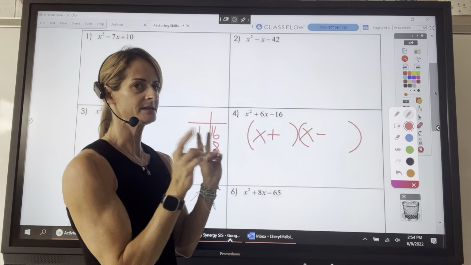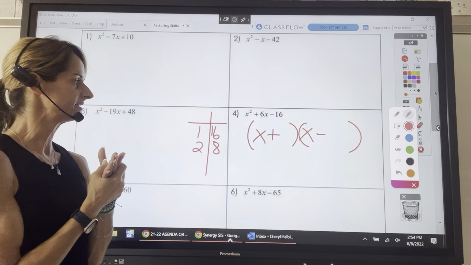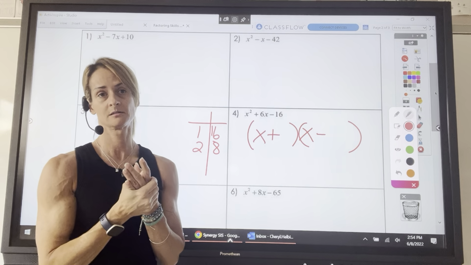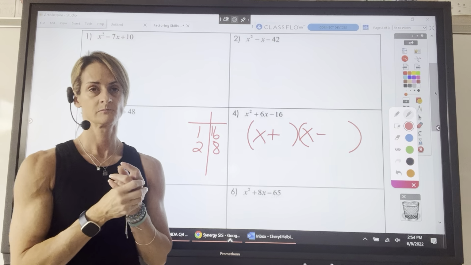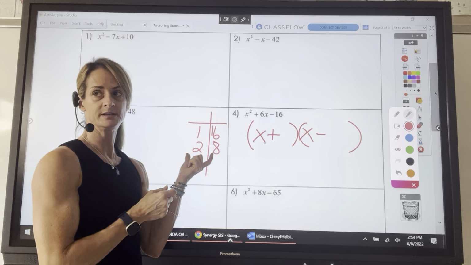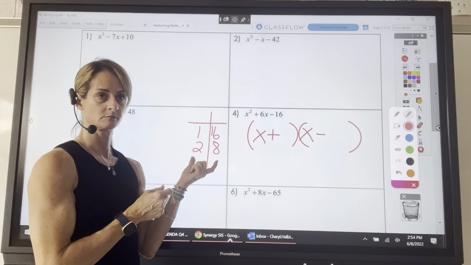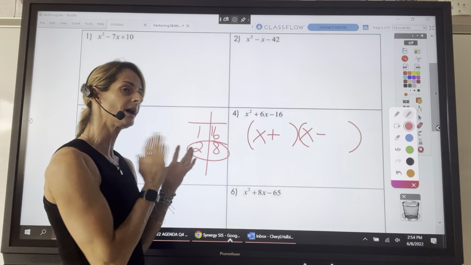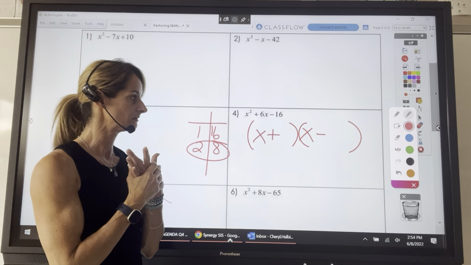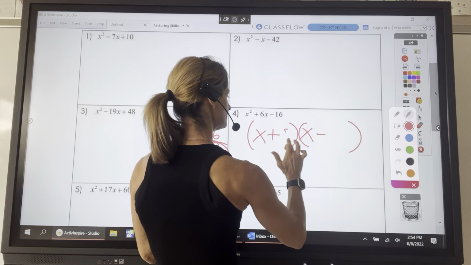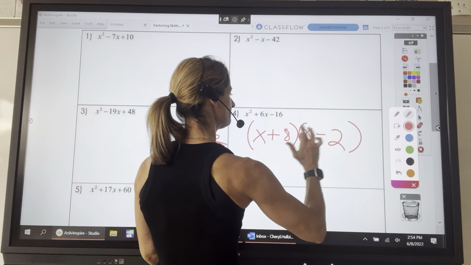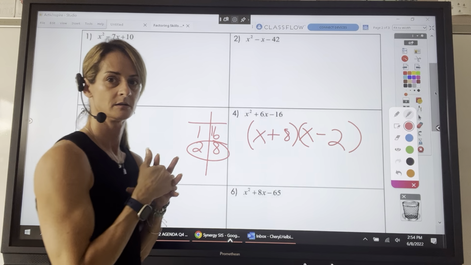So these are opposite signs, and when I add them, I need to get a positive 6. So 2 and 8 are 6 apart. So these are going to work, but which one's positive and which one's negative? Positive 8, negative 2, because 8 minus 2 is 6. Good?